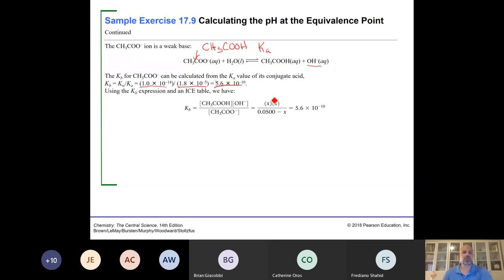We can then use the ICE table, and they don't draw the ICE table out here, but you have your ICE table. Just make sure you go through your ICE table.